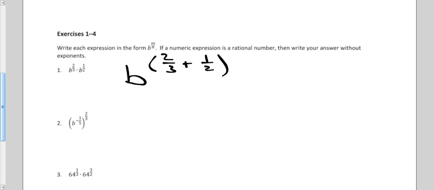So when you're multiplying two things on the same base, with exponents, we're trying to add the exponents.